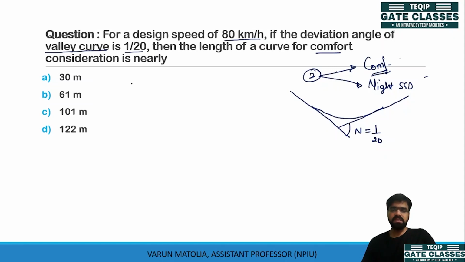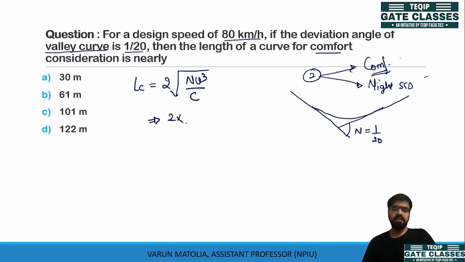Comfort condition is, let us write, length of curve L is 2 times root of n v cube by c. The c value itself is between 0.5 to 0.6.